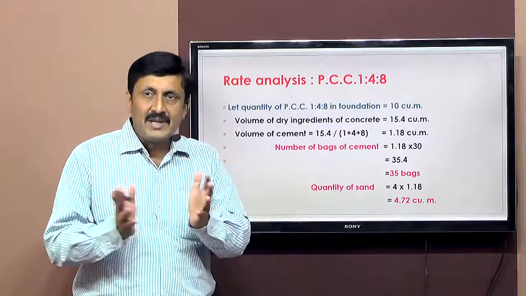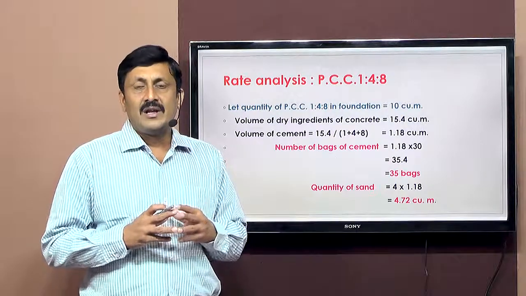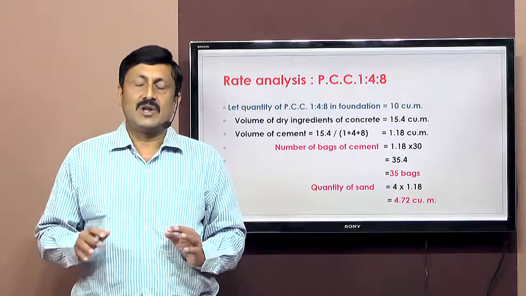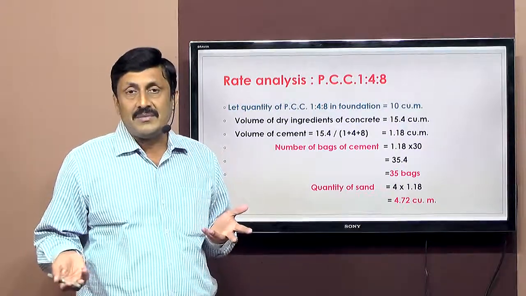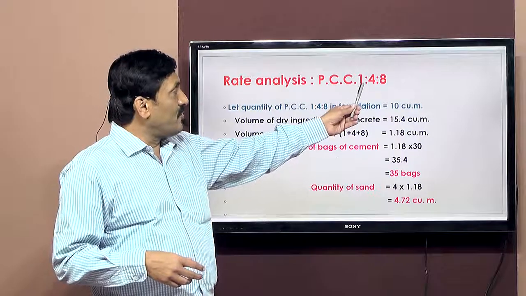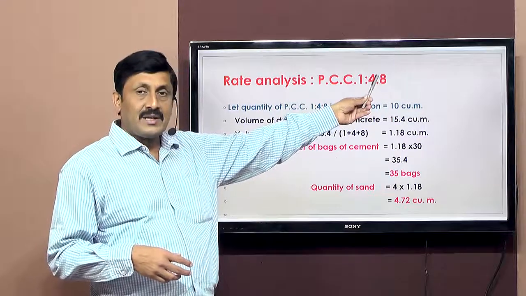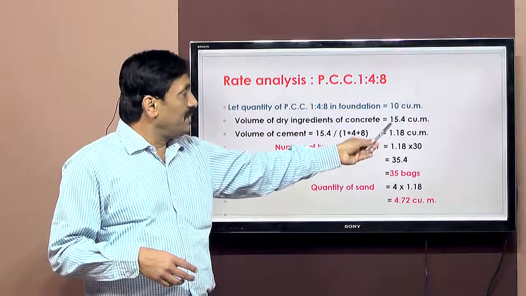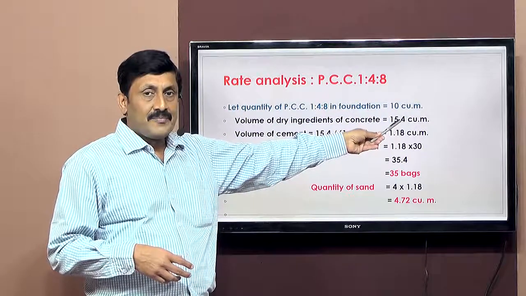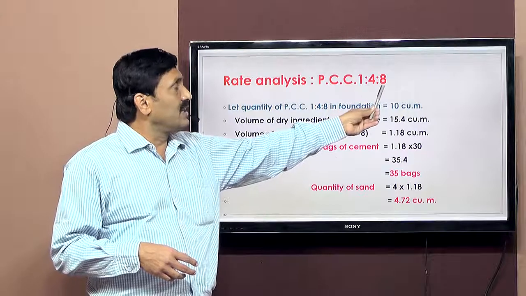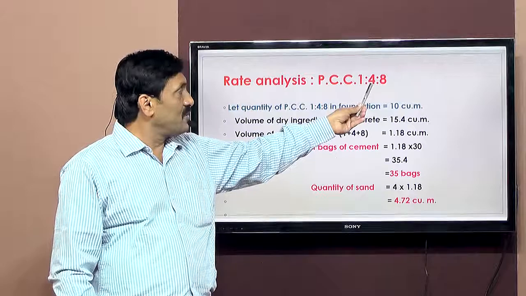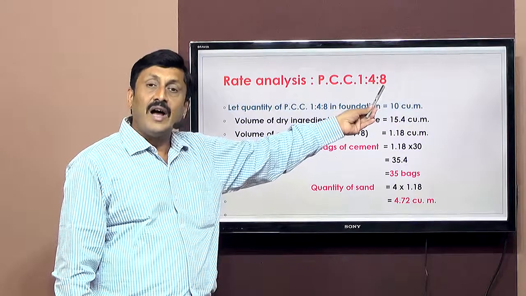Now this 15.4 cubic meters is divided into 13 equal parts. Why 13? From where has this number 13 come? Because the addition of 1, 4 and 8 is 13. So if 15.4 cubic meters is divided into 13 equal parts, 1 part will be of cement, 4 parts will be of sand and 8 parts will be of aggregates.